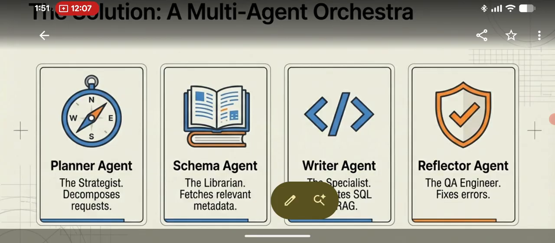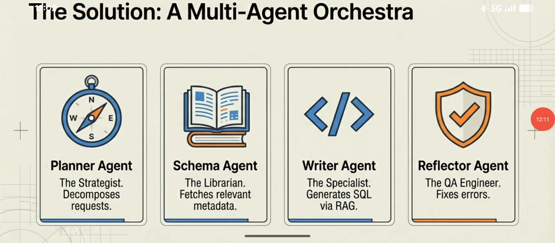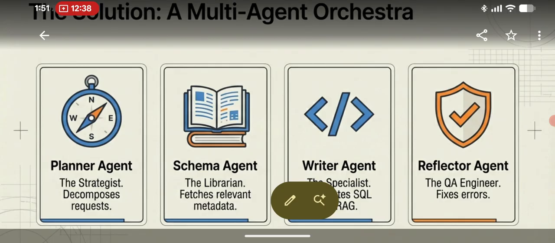Then the schema agent, for each subtask, will extract the relevant information based on the metadata provided, the table information and the column information. Then the writer agent, which will generate the SQL query. And finally, the reflector agent, which will check if the output was correct, and if there was any null error or any other error, rewrite the query and convey the answer to the guardrail before passing it on to the user.